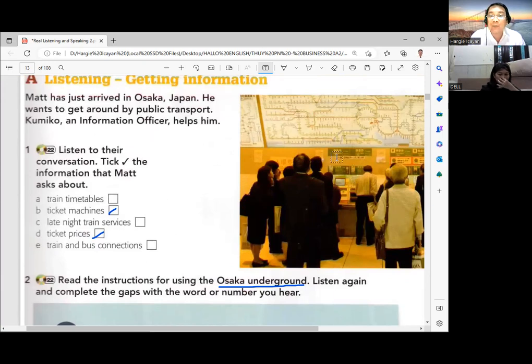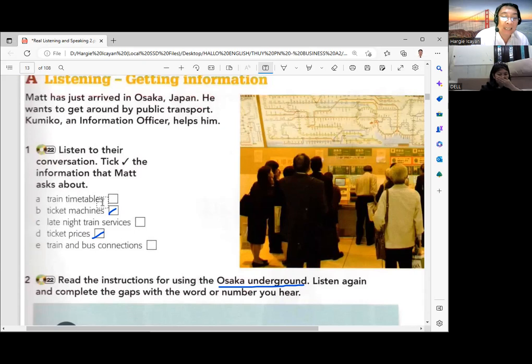Okay, so you can see the schedule, not unless it was written, let's say, in Chinese, which you don't understand, right? So therefore you need to ask questions. But if it is written in Chinese and English, there would be a translation for that. Well, there's no need for you to ask questions.